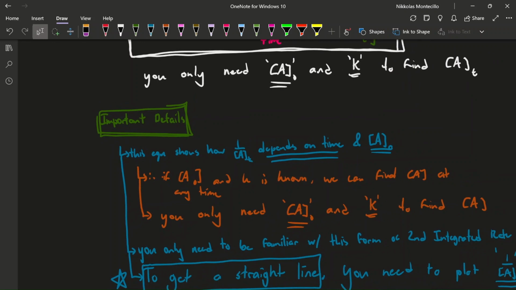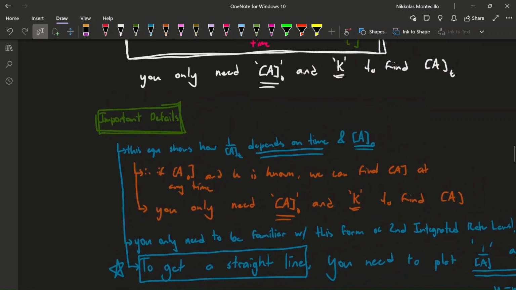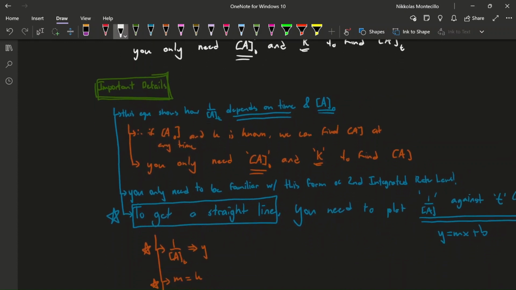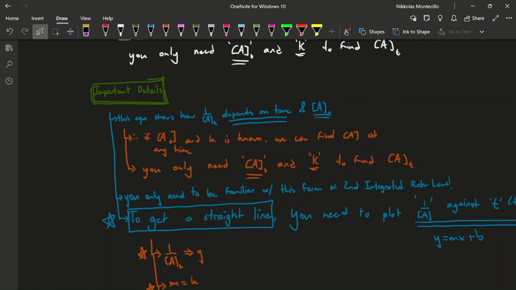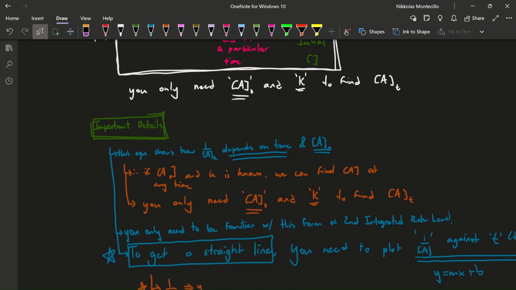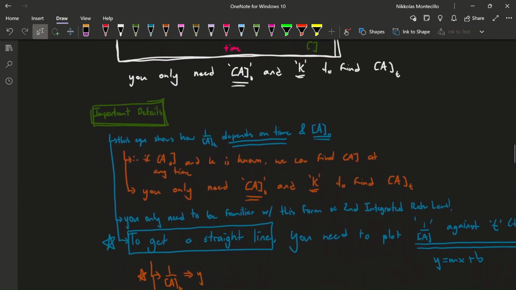So just like with first order reactions, if the initial concentration and K are known, we can find the concentration of A at any given time T. And as I said before, you only need the initial concentration and K to find the concentration of A at time T. Another thing is that we're lucky here. We only need to be familiar with this form of second order integrated rate laws. I'm pretty sure there are other forms, but this for now is the only form you need to know.